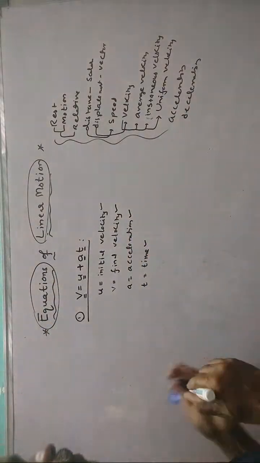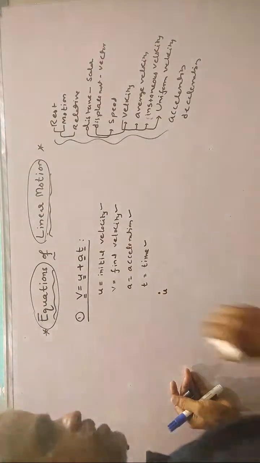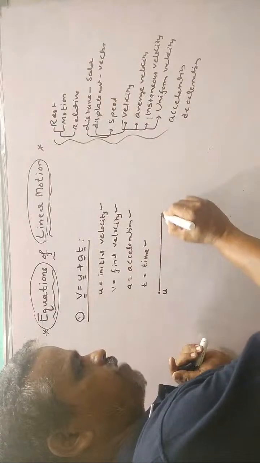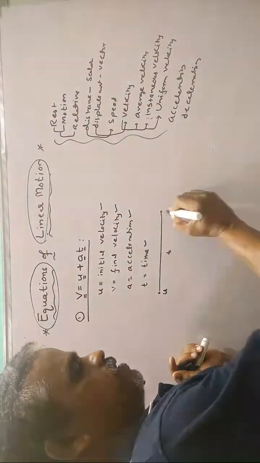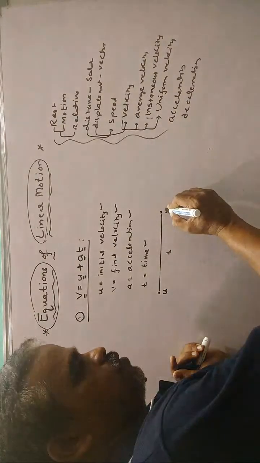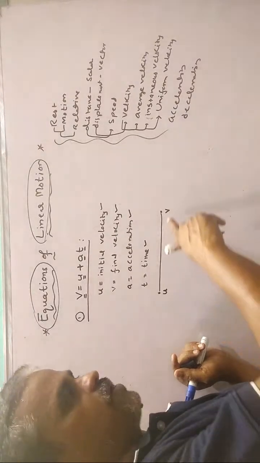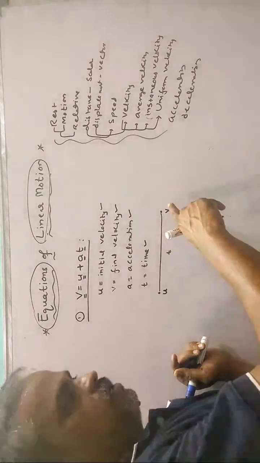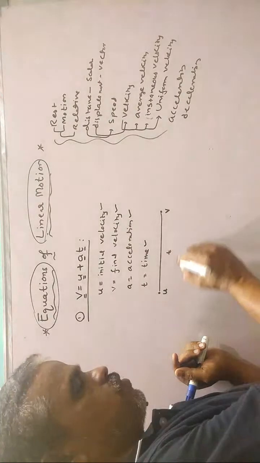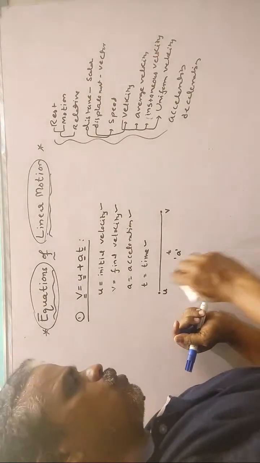For this, I am giving this graph. Initially the body starts with small u. After time t, the velocity goes to v. So during this the body accelerated with uniform acceleration throughout the journey.